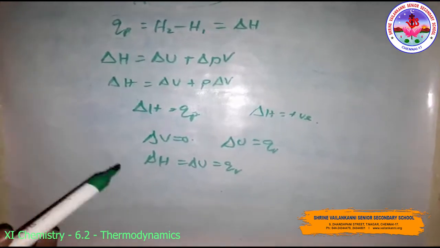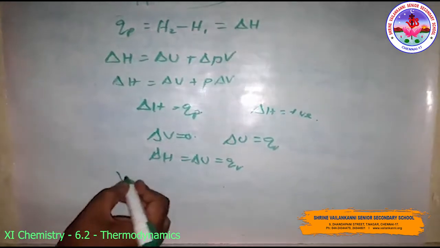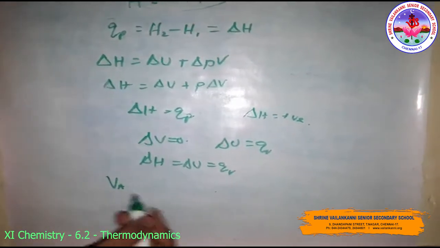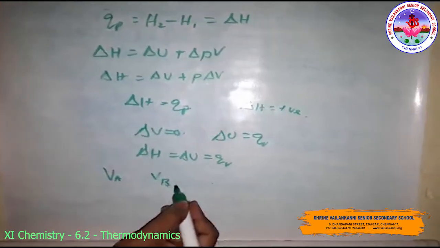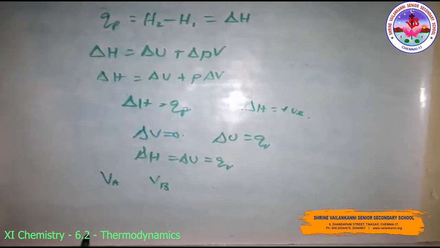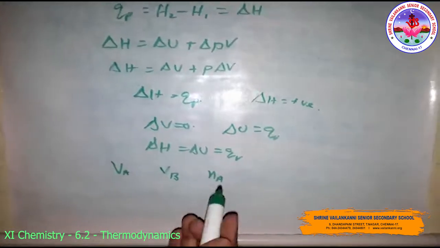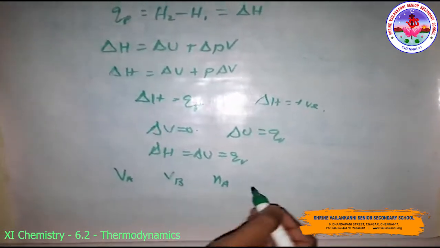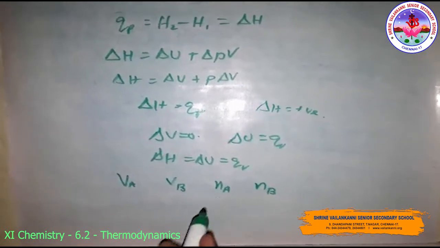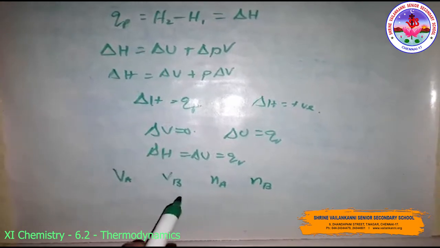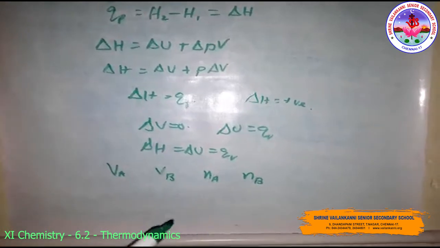Suppose let me consider a reaction involving gas. VA is the total volume of the gaseous reactant, VB is the total volume of the gaseous product. NA is the number of moles of the gaseous reactant and NB is the number of moles of the gaseous product, all at constant pressure and temperature.